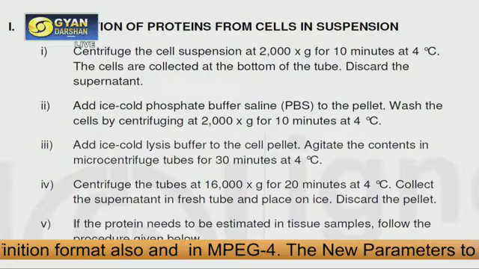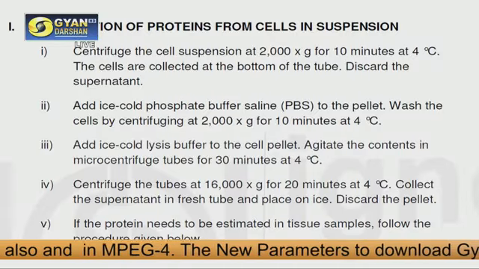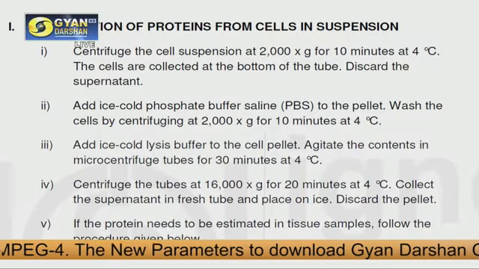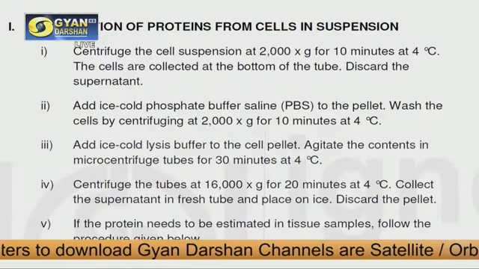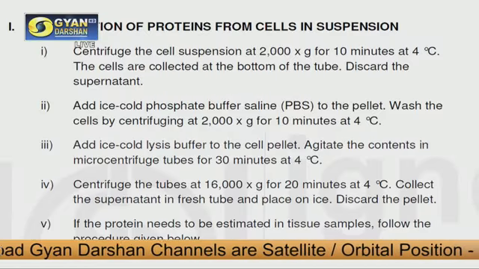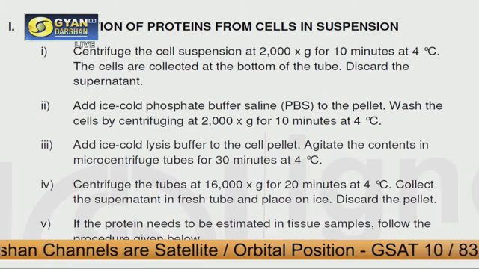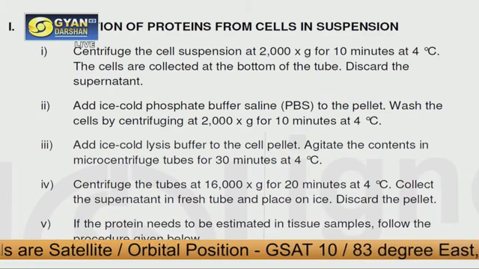Then you take the pellet, add ice cold lysis buffer to the cell pellet, centrifuge it again, and collect the supernatant in a fresh tube. Now you need to discard the pellet because you have undergone cell lysis, so the protein will go to the supernatant. Use this supernatant as a source for the total protein.